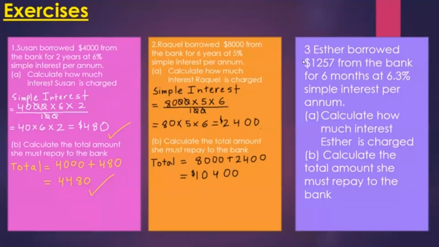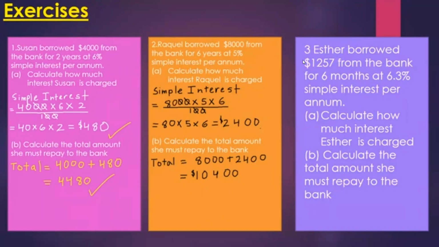Okay, so question 1 says Susan borrowed $4,000 from the bank for 2 years at 6% simple interest per annum. A says calculate how much interest Susan is charged.